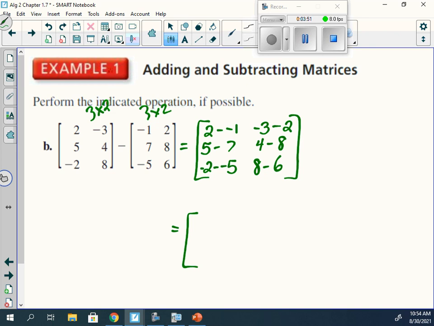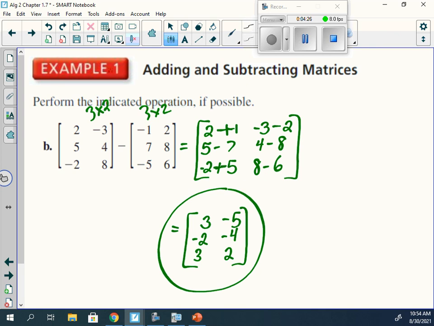Now we can just go on and subtract our terms. 2 minus -1 is the same as 2 plus 1, which gives us 3. -3 minus 2 is -5. 5 minus 7 is -2. 4 minus 8 is -4. -2 minus -5 is the same as -2 plus 5, which gives us 3. And 8 minus 6 is 2, and that's it.